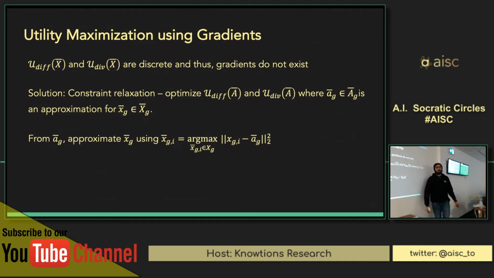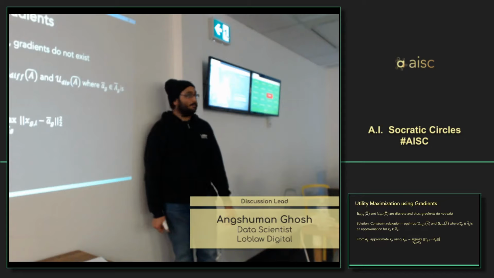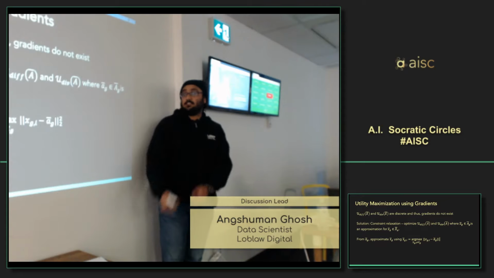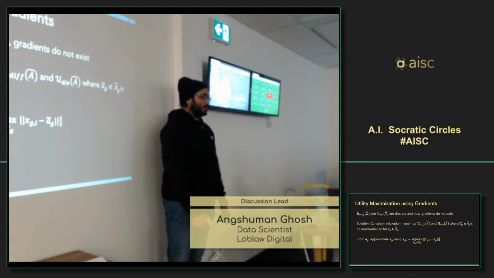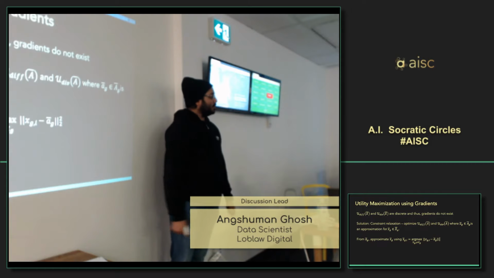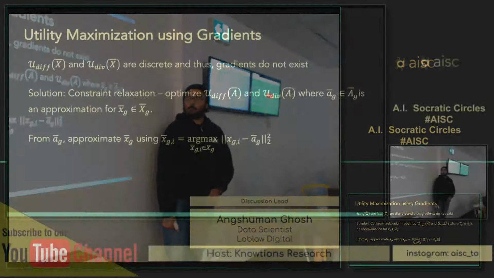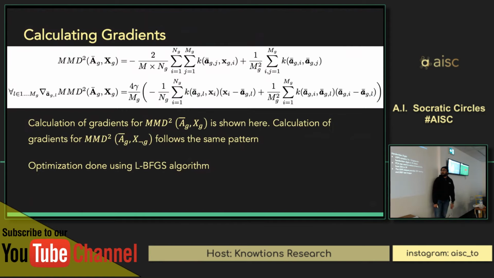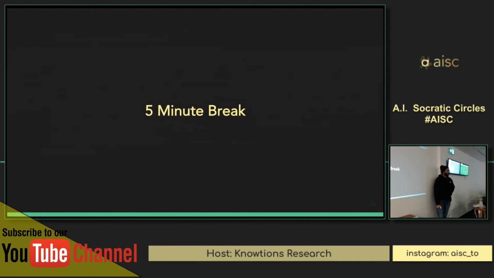What was the comment that you referred to? The question basically was, since the utility functions are discrete, how can we do the differentiation?